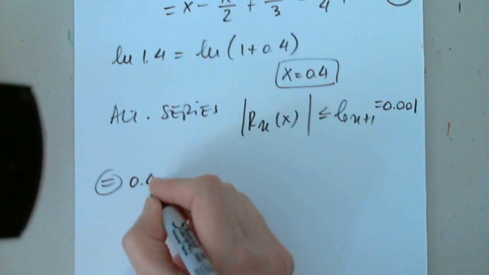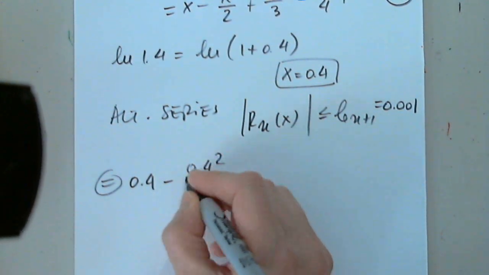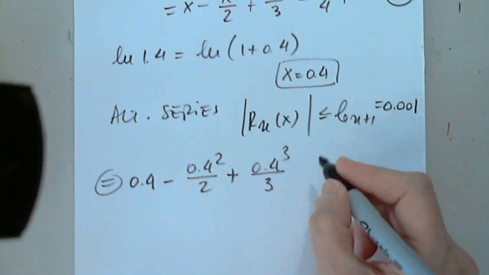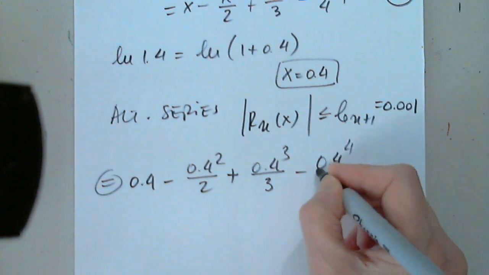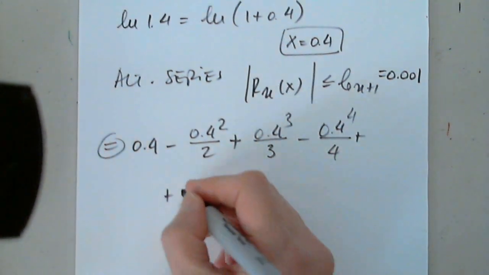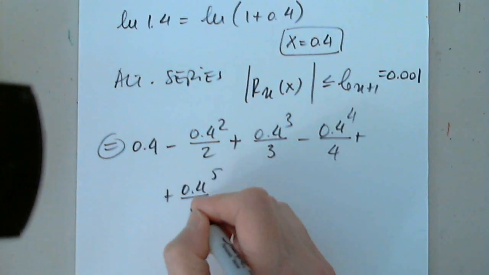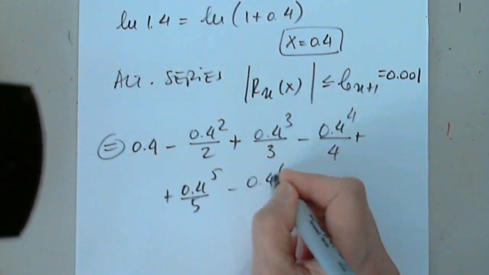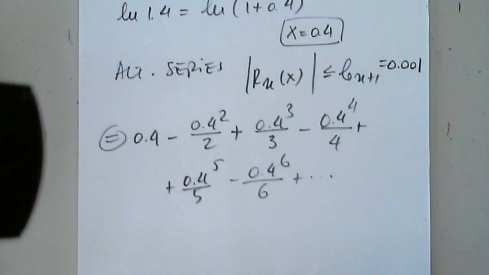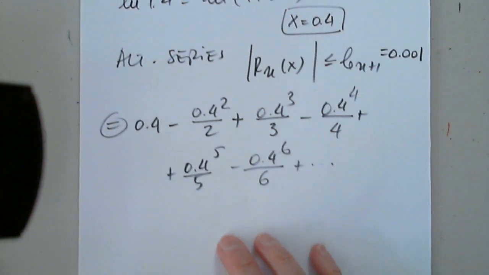So this is 0.4 minus 0.4 squared over 2 plus 0.4 to the third over 3 minus 0.4 to the fourth over 4 and plus 0.4 to the fifth over 5 minus 0.4 to the sixth over 6 and so on and so forth. And what I did next was I put in all these numbers in the graphing calculator.